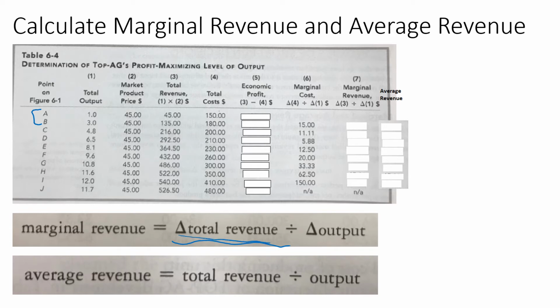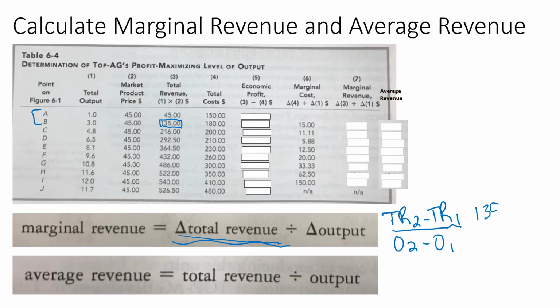So the change in total revenue between point A and B. So we're going to have total revenue 2 minus total revenue 1 divided by output 2 minus output 1. So total revenue 2, we'll say that that's B here. So total revenue 2 is 135.